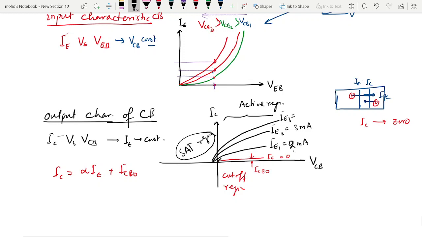And the region of the graph where IC becomes almost constant with VCB is called the active region.